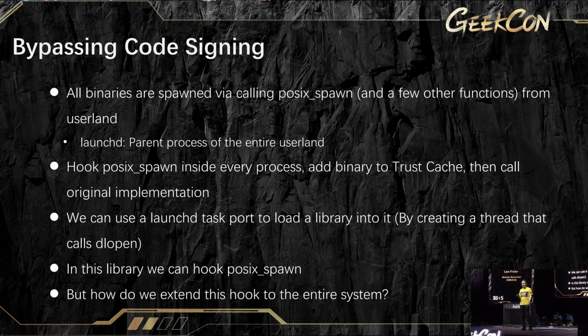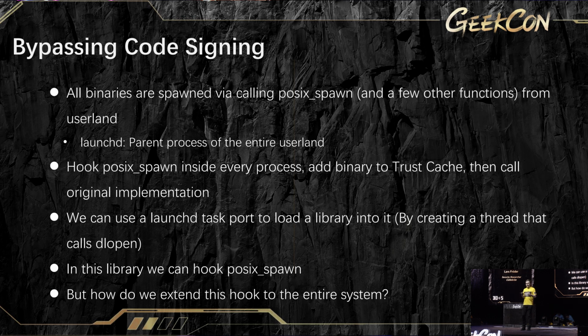And to start off, we will target the launchd process, because this is essentially the root process of userland, and it spawns all other processes. So when we hook launchd, we can go from there to the other processes later.